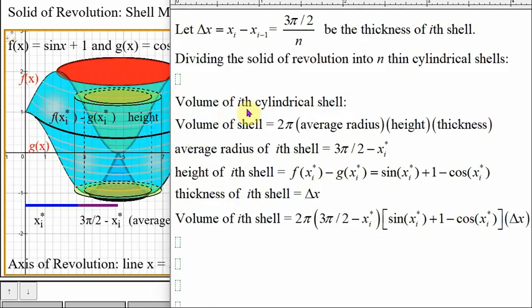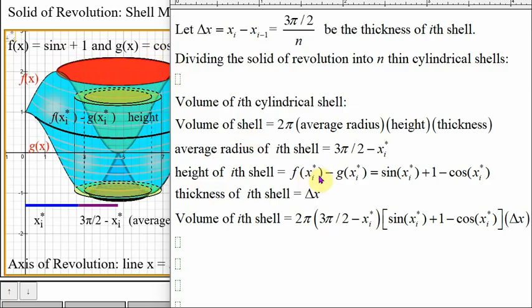And now we can find the volume for this ith shell. The volume of the ith cylindrical shell is 2 pi times the average radius times the height times the thickness. We have just found that the average radius is 3 pi over 2 minus x sub i star, and the height is f of x sub i star minus g of x sub i star. But f of x is sine of x plus 1, and g of x is cosine of x.